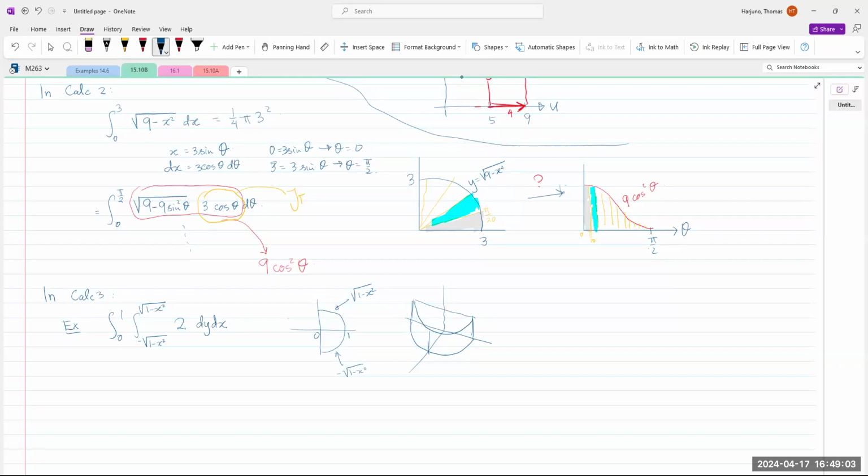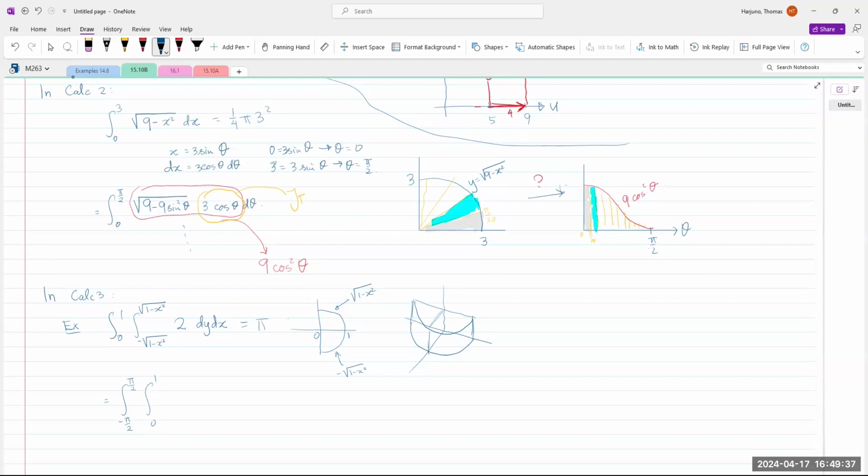What is the volume? This is pi over 2 multiplied by 2, so the answer is supposed to be pi. But again, that's not the issue. The issue is when we do transformation, we tend to make it into integral from negative pi over 2 to pi over 2 for theta, and the radius from 0 to 1.